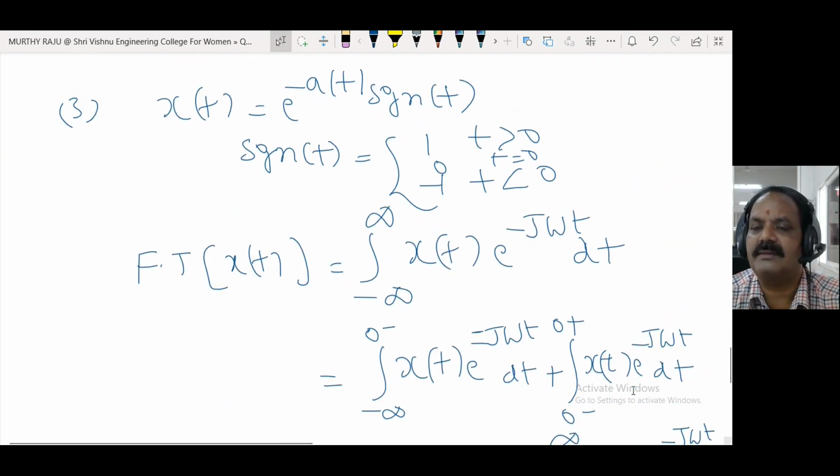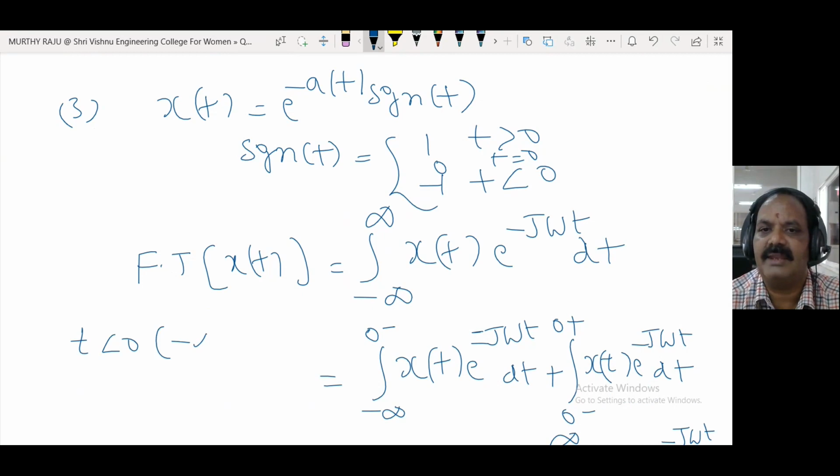Minus infinity to 0 minus, that is a negative value. Here, in that interval t less than 0, that means minus infinity to 0, the t value lies in between minus infinity and 0.